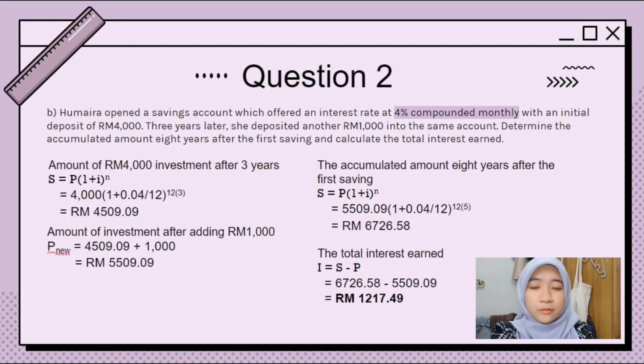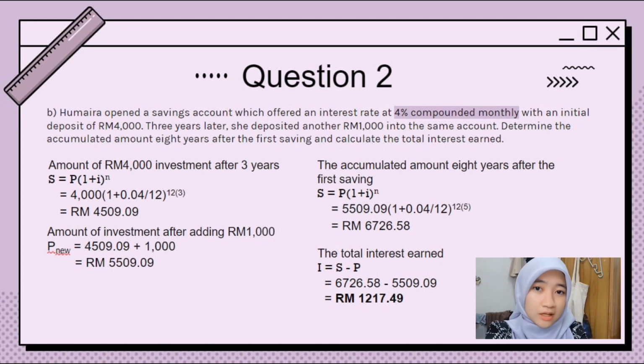For 2b, Humaira opened a savings account which offered an interest rate of 4% compounded monthly with an initial deposit of 4,000. 3 years later, she deposited another 1,000 into the same account. Determine the accumulated amount 8 years after the first saving and calculate the total interest earned.